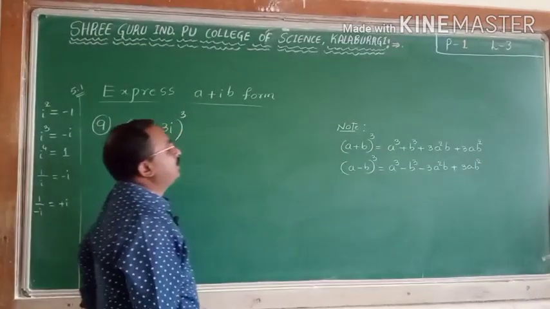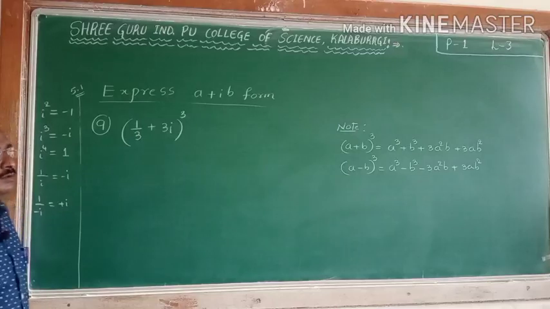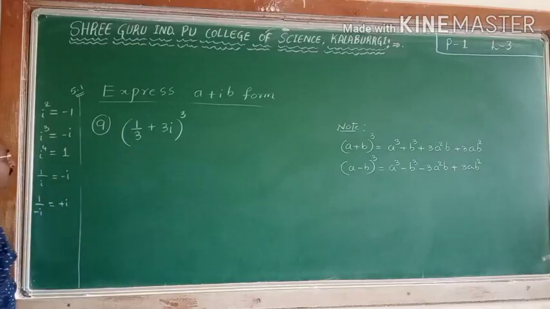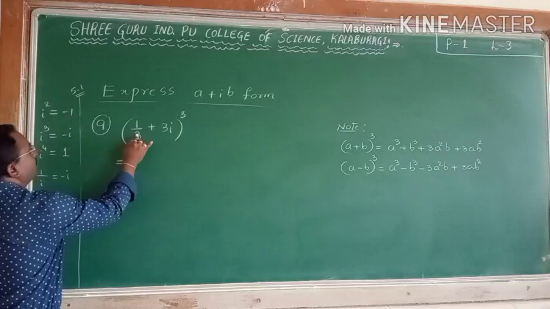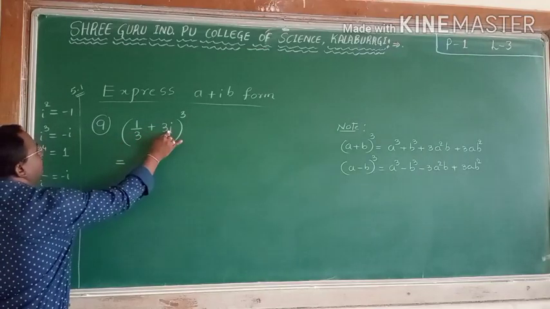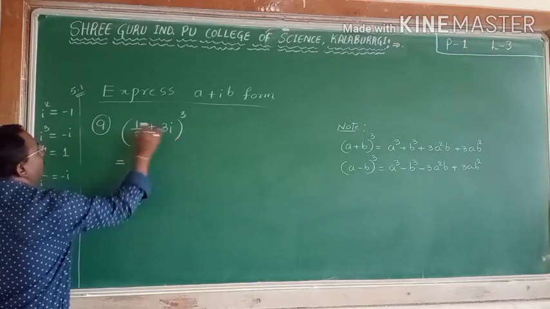These two are the formulas for a plus b whole cube and a minus b whole cube. Here which formula to apply? The a plus b whole cube formula applies. Here this is treated as a, this is treated as b.